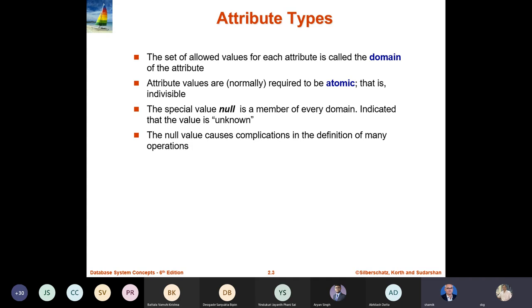Any type of unknown things, you'll see when queries come, having null values in the domain always creates a problem in the system. Right? But nevertheless, a domain may have a null value.